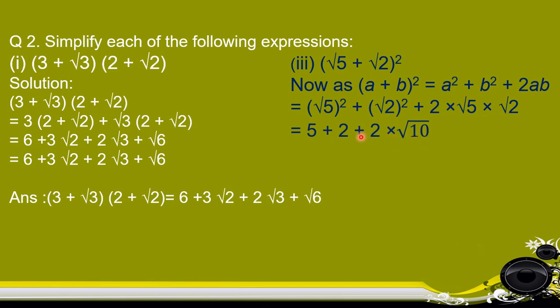So in the next step we get 5 plus 2 plus 2 root 10. Now 5 and 2 are positive integers, so 5 plus 2 is 7, so 7 plus 2 root 10. Now both the terms are unlike terms, so we get the answer for (root 5 plus root 2) whole square as 7 plus 2 root 10.